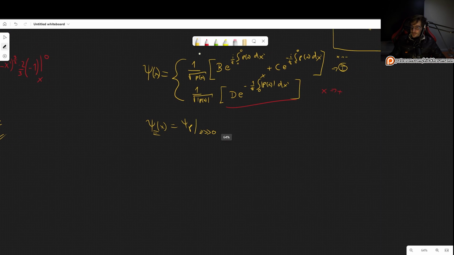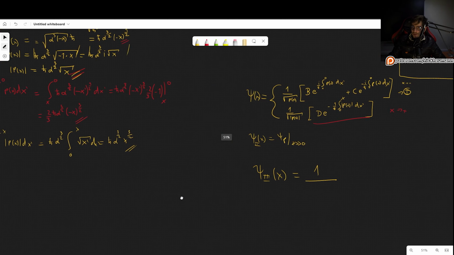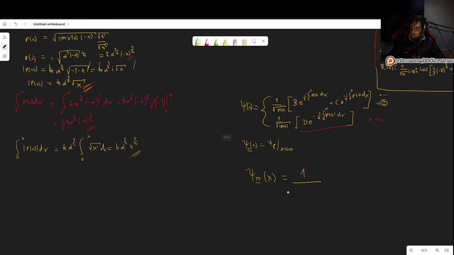Okay, so let's see. So psi 3 of x is 1 over the square root of the absolute value of the momentum, which is this thing right there. So we get square root of h bar alpha to the 3/4, and then x to the 1/4.